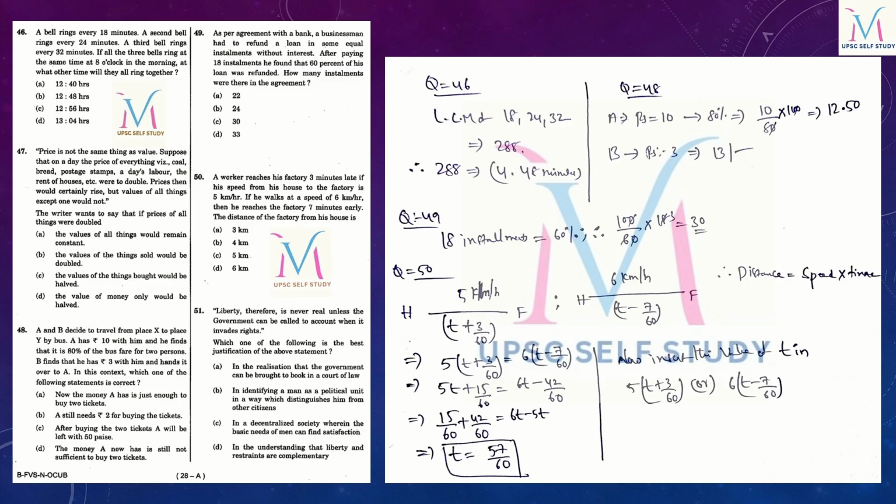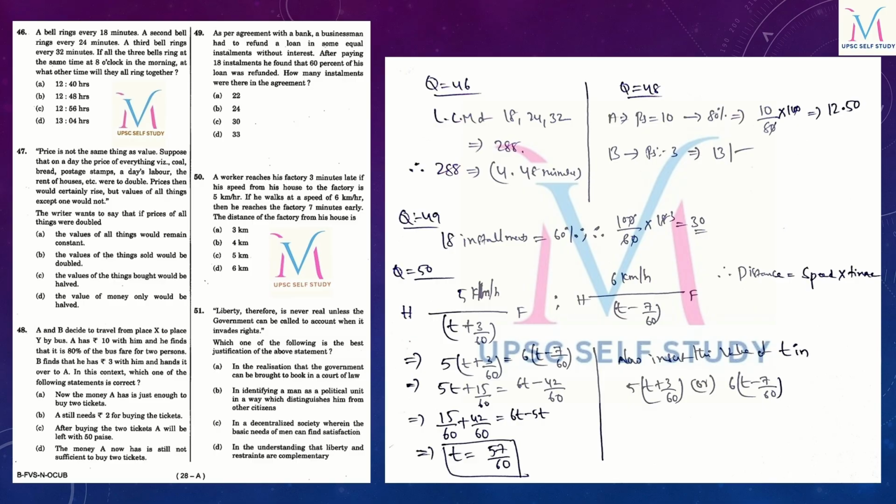A and B are traveling from one place to another. A has 80% of the bus charge, not the complete amount. A has 10 rupees, that is 80%, and that 10 rupees is not sufficient for the tickets.